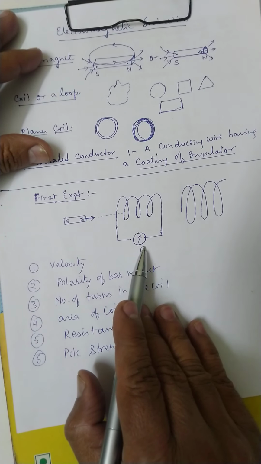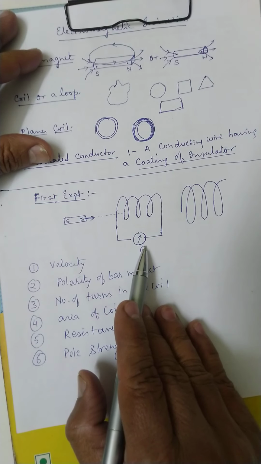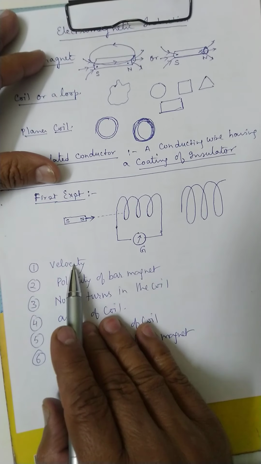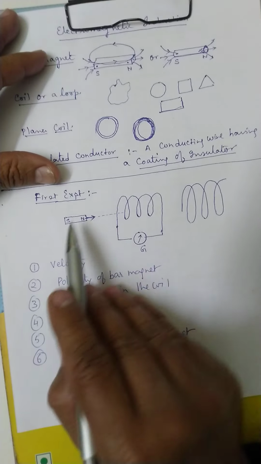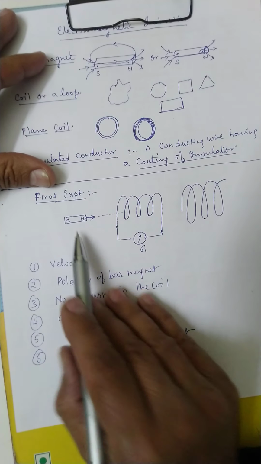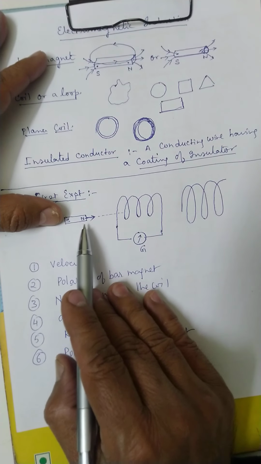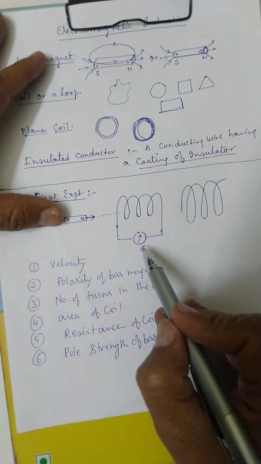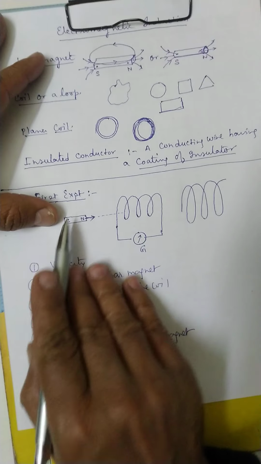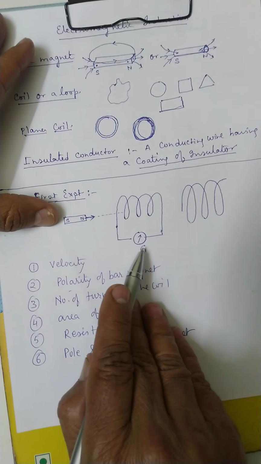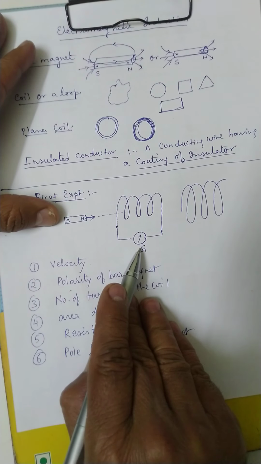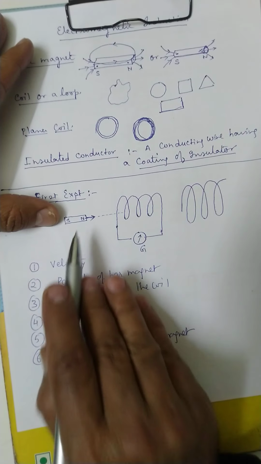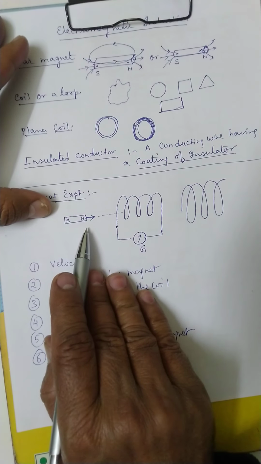The deflection is larger if the velocity is increased. It means, suppose I am moving this magnet with a velocity of 2 meters per second and I get a deflection of 20 divisions. Then remember, this deflection will remain 20 until the velocity remains constant.